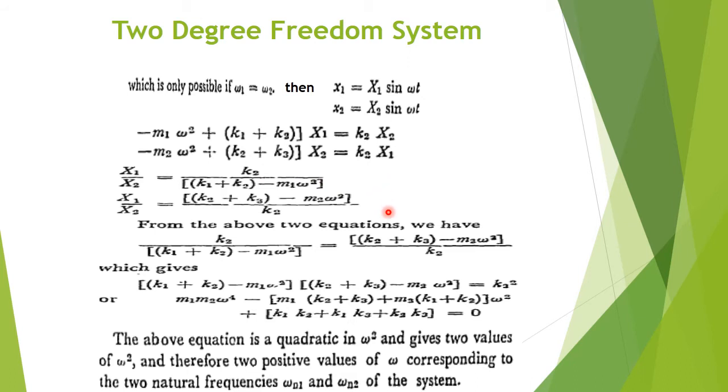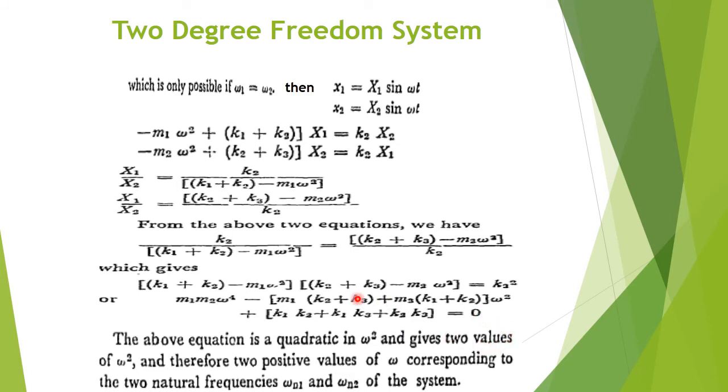Now we are equating these x1 by x2 ratios. We will get k2 divided by (k1 plus k2 minus m1 omega square) is equal to (k2 plus k3 minus m2 omega square) divided by k2. So by cross multiplication we will get the equation: m1 m2 omega to the fourth minus [m1 (k2 plus k3) plus m2 (k1 plus k2)] multiplied by omega square plus a factor (k1 k2 plus k1 k3 plus k2 k3) is equal to 0.